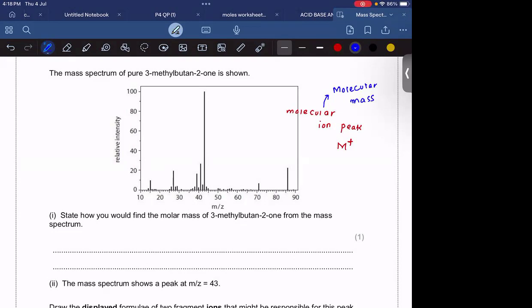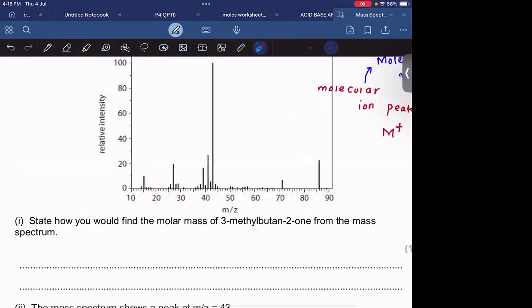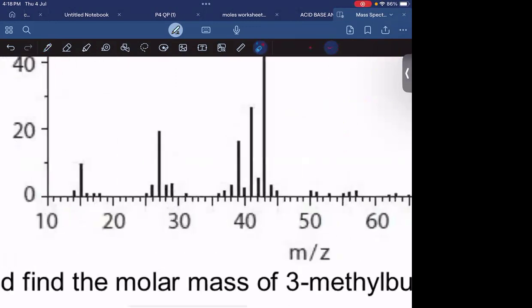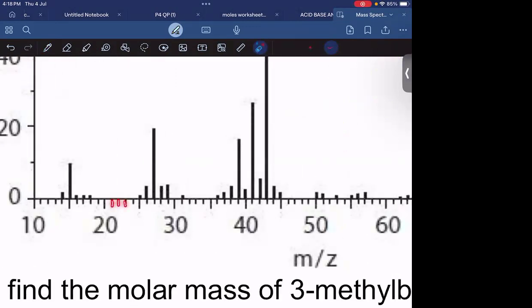Or you can say it is the peak having the largest mass. Let's suppose this is a peak having a mass of, I think, 15. This peak, you can count, this is 21, 22, 23, 24, 25, 26, 27.